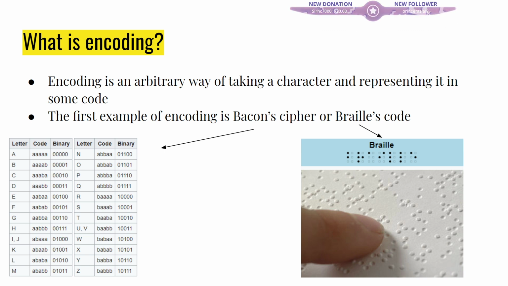Only the creator of a cipher, only the guy who made it, knows how it works. And someone who wants to decipher a message will need to break the code, figure out what the pattern is, and only that way they can figure out what the actual message is.